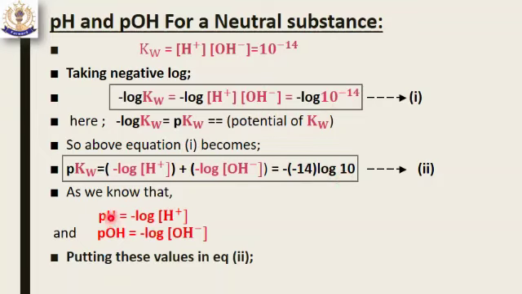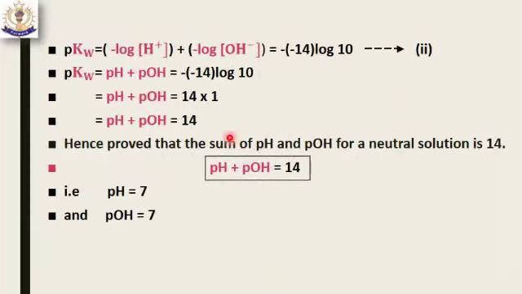Now, as we know that negative log H plus equals pH and negative log OH equals pOH, we will put this pH and pOH in these brackets instead of these terms. Now this was our previous equation.